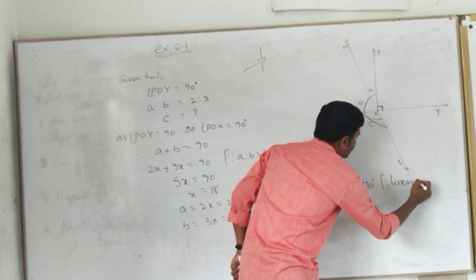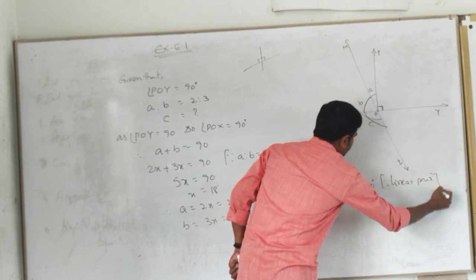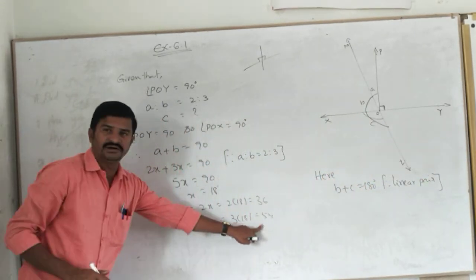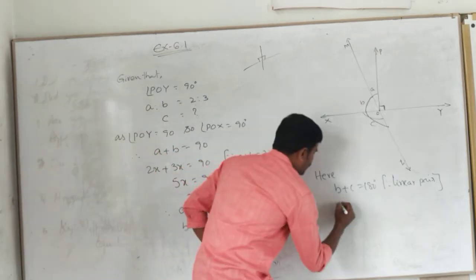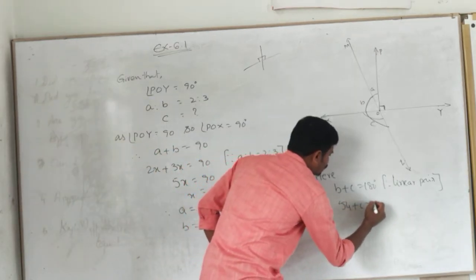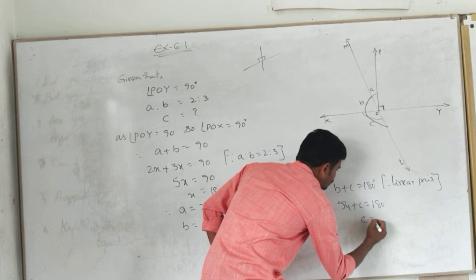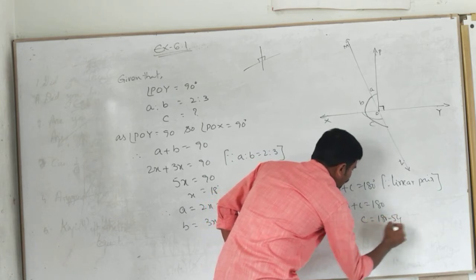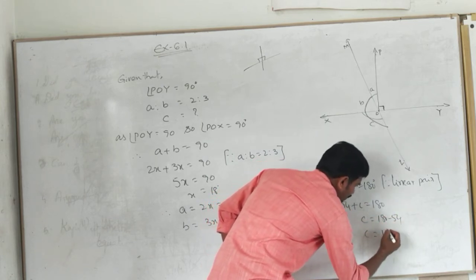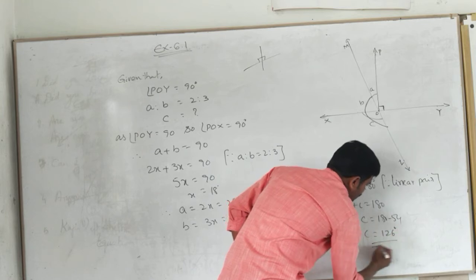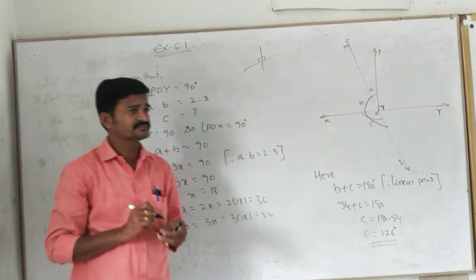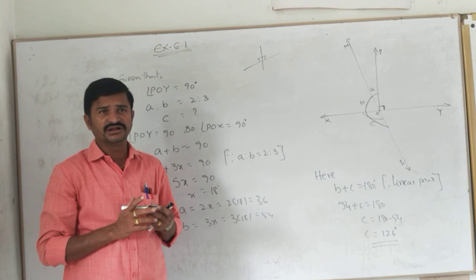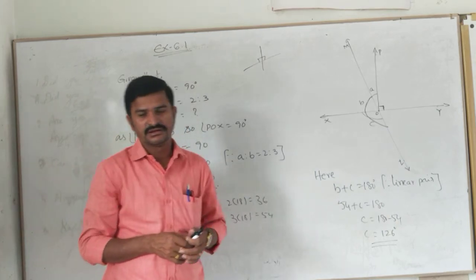Anything you can write, linear pair. But what B value did we get? 54. So 54 plus C equals 180, or not? Yes. Then C is equal to 180 minus 54, which equals 126. This is the value of C. Understood? Yes, sir. That's all. Come on, now down.